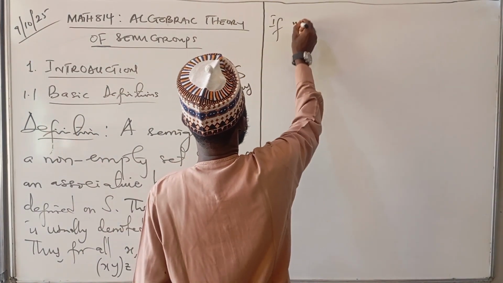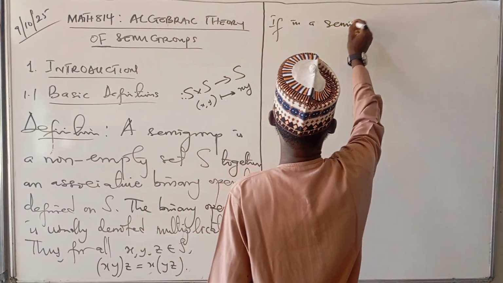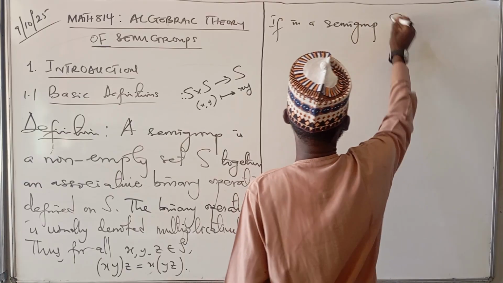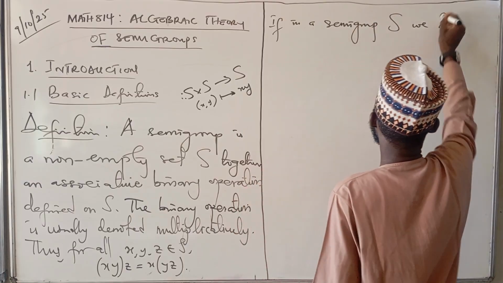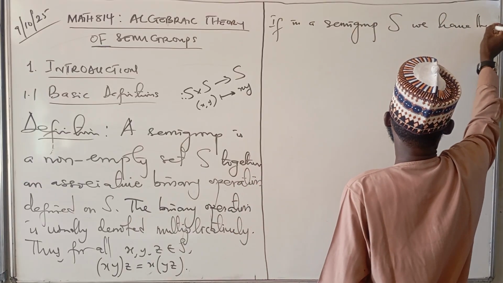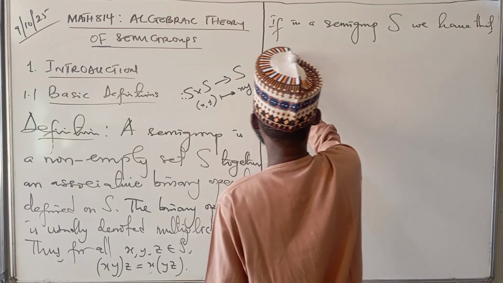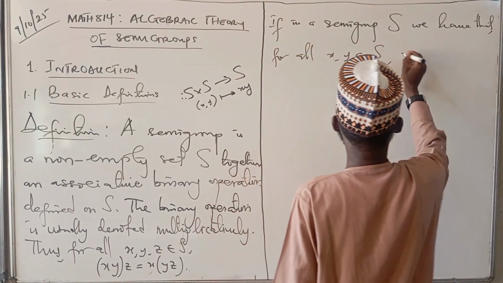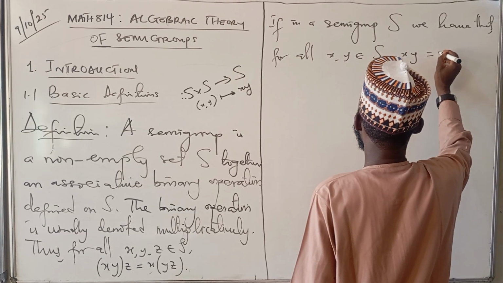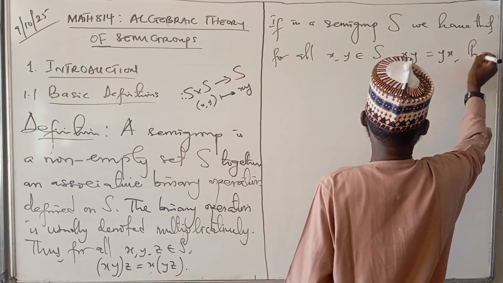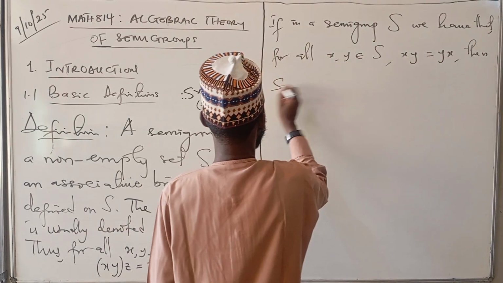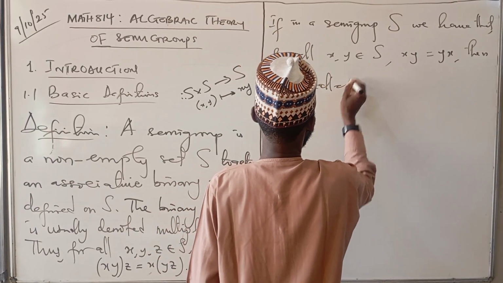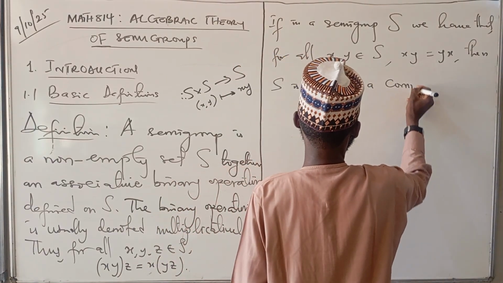So if in a semigroup S we have that for all x, y in S, xy is equal to yx, then S is called a commutative semigroup.